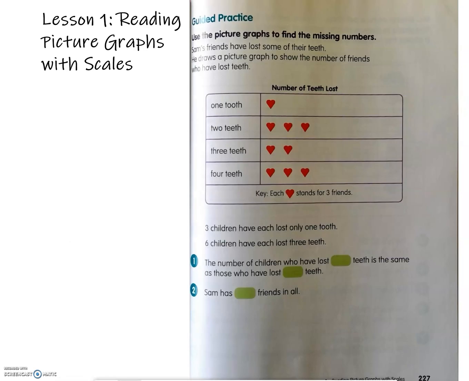Let's take a look at some practice. Here it says, use the picture graphs to find the missing numbers. Sam's friends have lost some of their teeth. He draws a picture graph to show the numbers of friends who have lost teeth. You can see the symbol that they use for this one is a heart symbol.